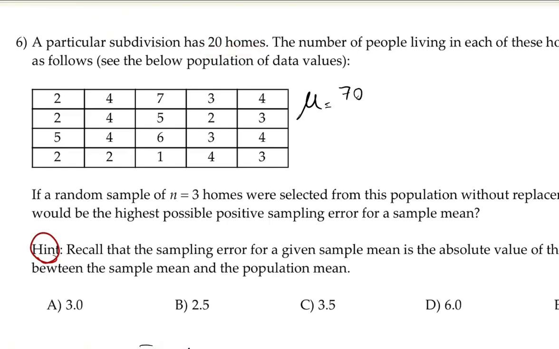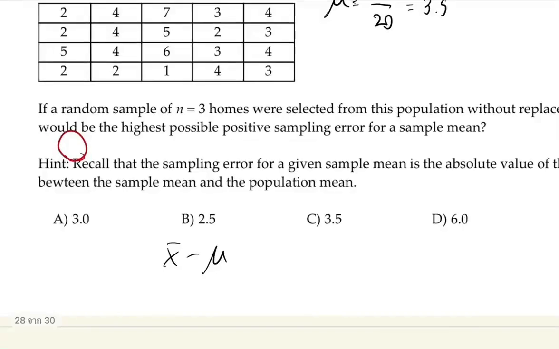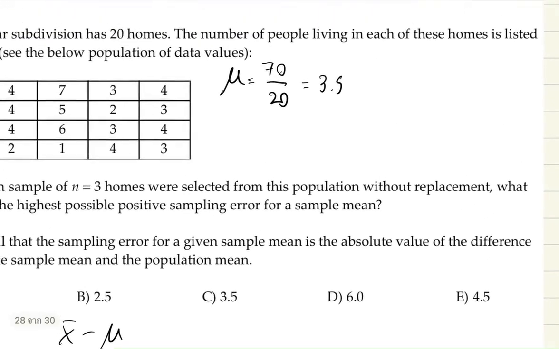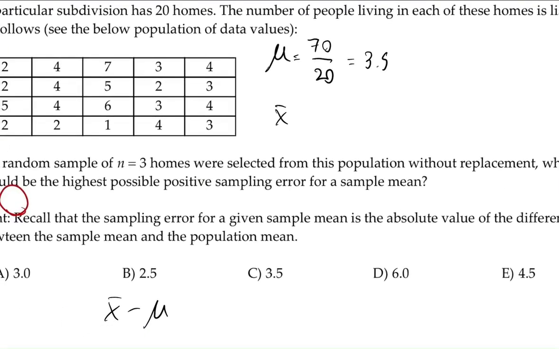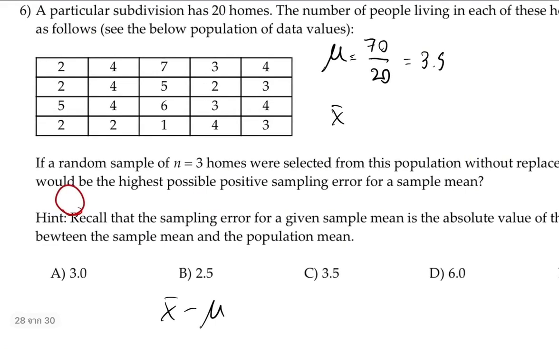So we need to find the sample mean, x bar, minus the population mean. For the population mean, we sum all of these, which is 70, and divide by 20 because we have 20 homes, which is 3.5. For the sample mean, n is 3.